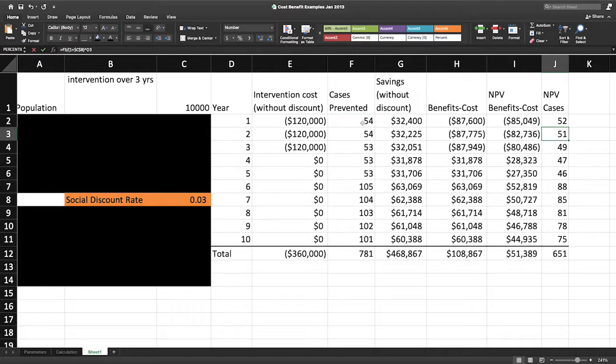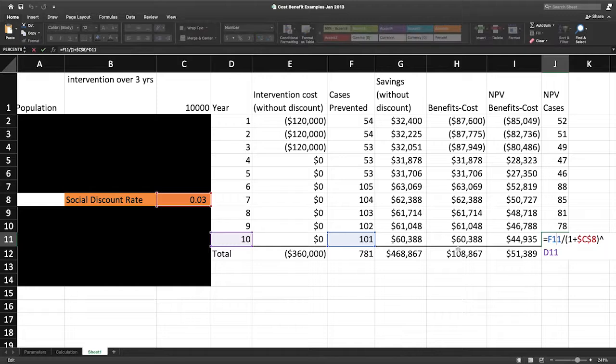So instead of preventing 54 cases, when we take into consideration time, we're going to prevent 52 cases. And for year 10, again, it's the exact same calculation, 101 divided by 1 plus the discount rate, raised to the power of 10. Okay?